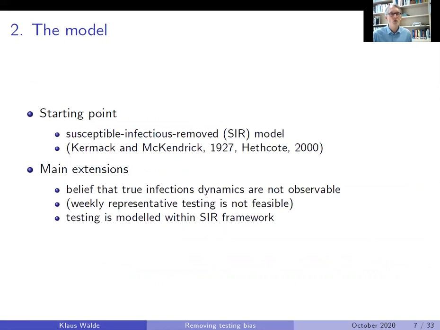But I think this is wrong. We should start from the assumption that infection dynamics are not observed. And then the question, statistically speaking, is what is a good estimator to get information about these unknown quantities. The second extension is that we introduce tests into the SEIR framework.